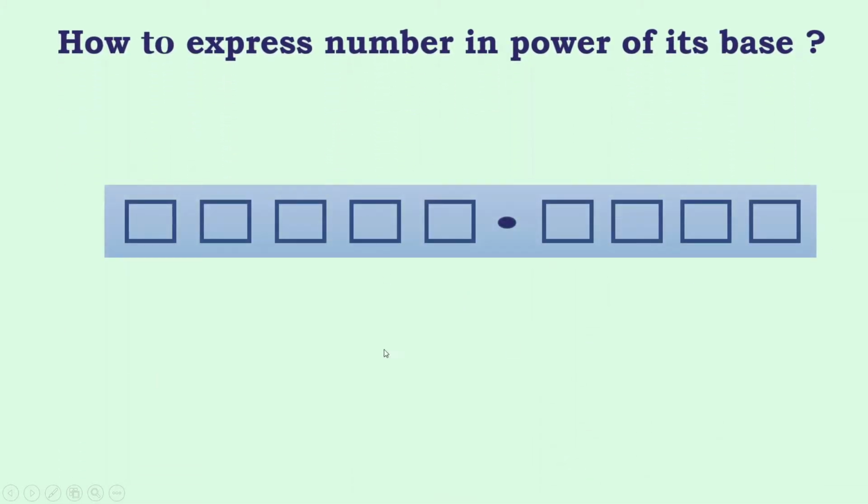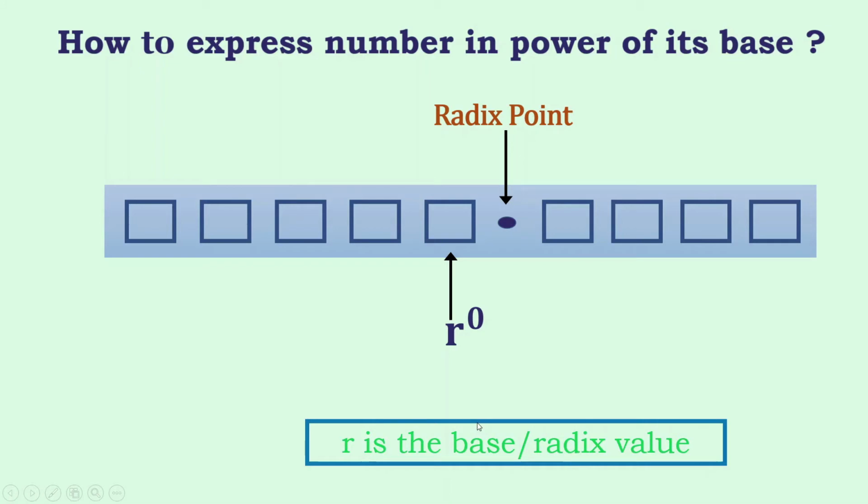A number is basically represented in this format. In day-to-day life we call this point the decimal point, but the decimal point is concerned only with the decimal number system. Here we are talking about different types of number system, so this point will be called the radix point. Each digit has its weight based on its position. The left hand side of the radix point will have the weight r raised to 0, where r is nothing but the base or radix value.